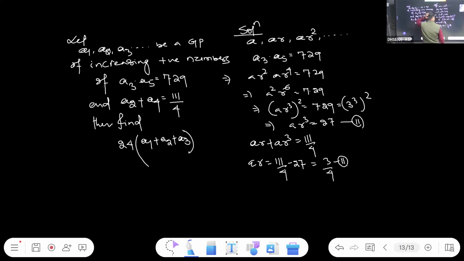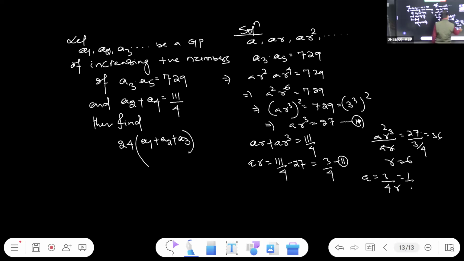Dividing equation 1 by equation 2, ar cubed upon ar is 27 by 3 upon 4, which is equal to 36. So r squared is 36, which implies r is equal to 6. If r is equal to 6, then a will be 3 by 4r, which is equal to 1 upon 8.